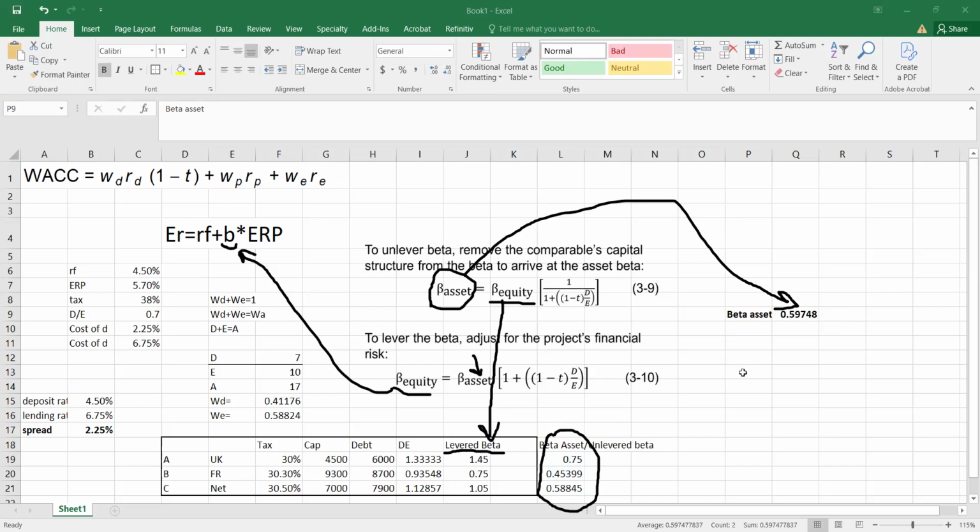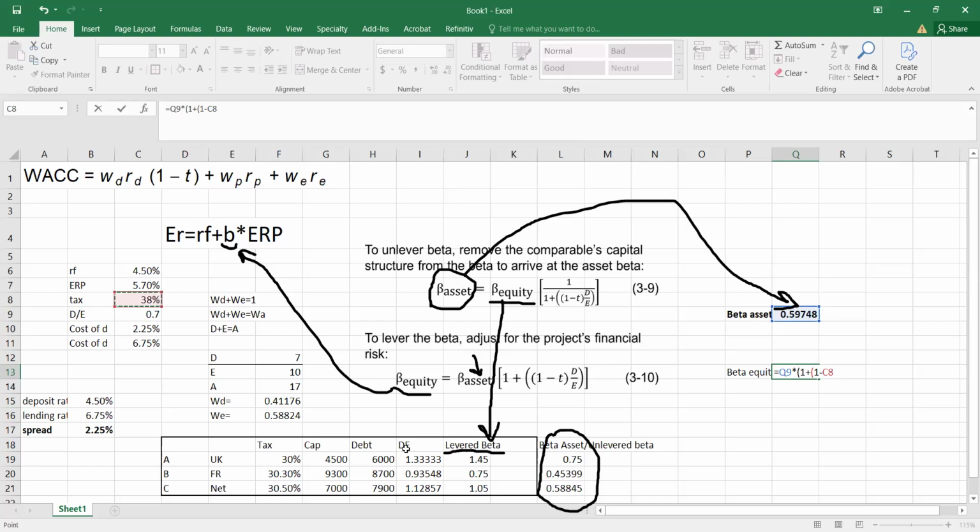So my beta equity is basically beta asset multiplied by 1 plus, open the bracket, 1 minus tax. But this is the beta equity of my private project, which means I have to use the relevant tax rate, which is this 38%. Not this. This I already used to calculate these comparables.